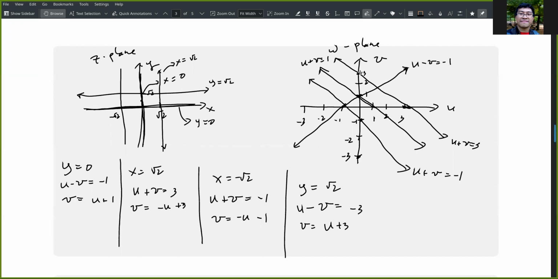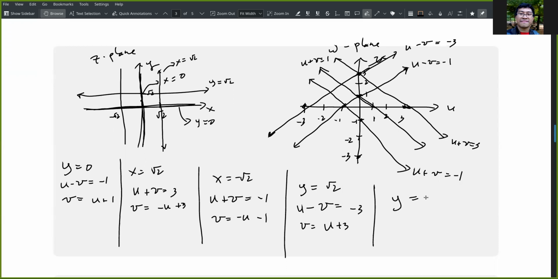That would be passing through this, and if v is 0, u is minus 3 over here. Okay, this is our u minus v equals negative 3.